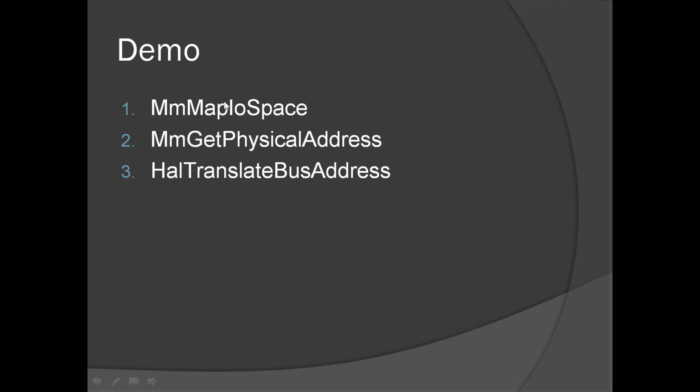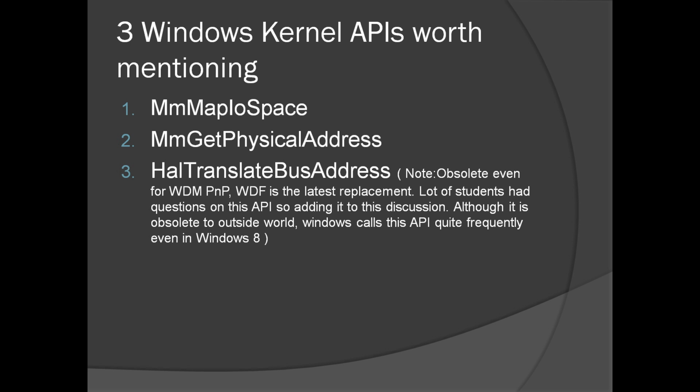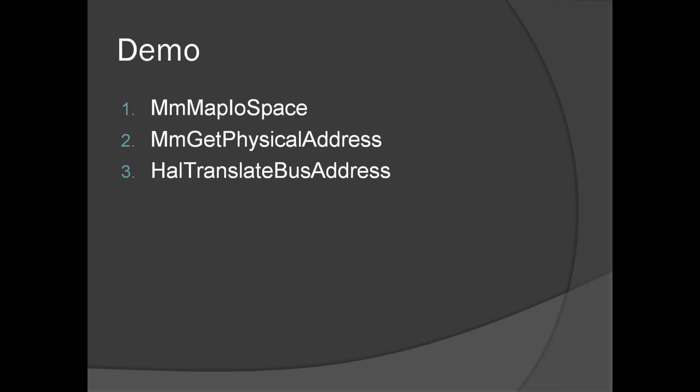Now we are left with HalTranslateBusAddress. Basically this is an obsolete API, as I mentioned before. So this is not currently being used, although Windows internally uses this API. The fact is that this API doesn't do much on an x86 platform. On x86 platform, the physical address is the bus address. In certain platforms, these two addresses, the bus address and the physical address, are different, in certain types of buses like PCI.